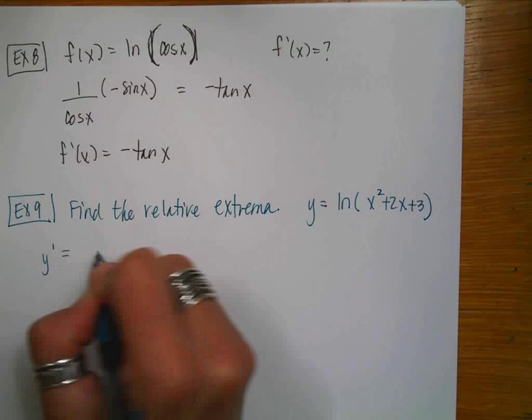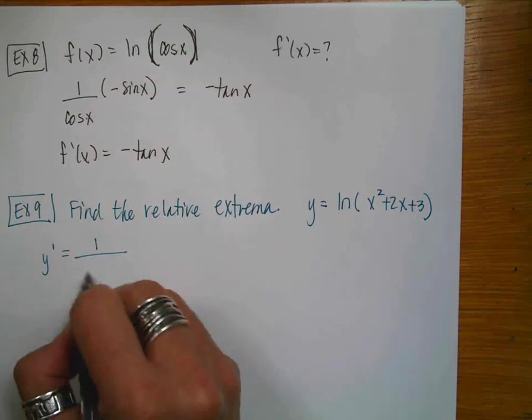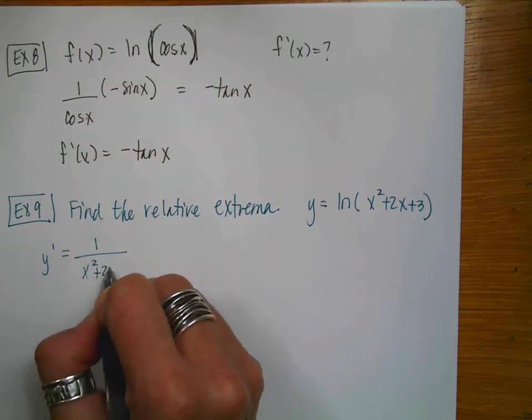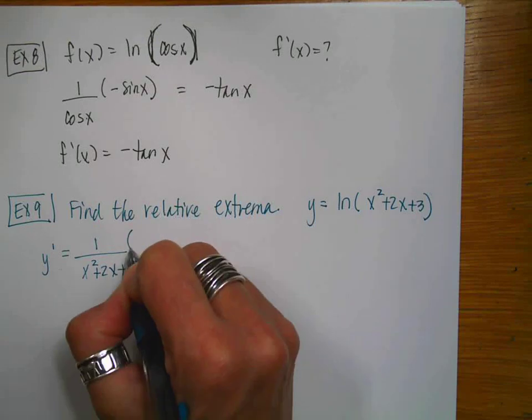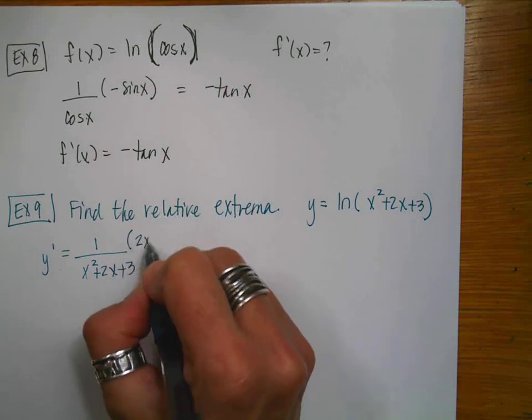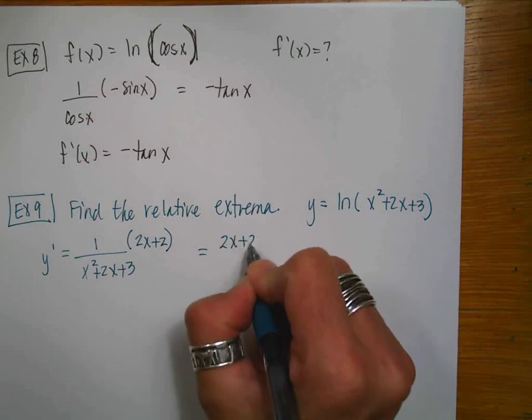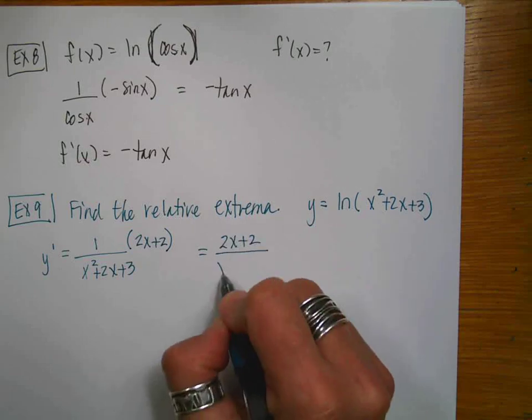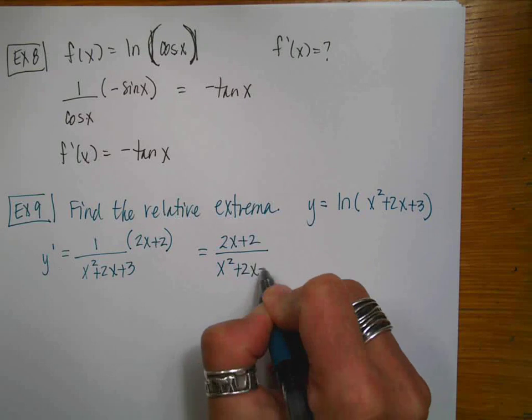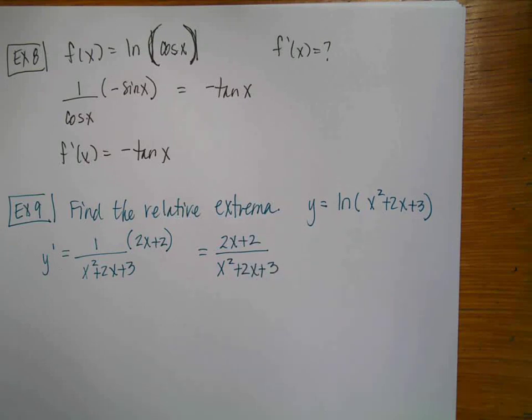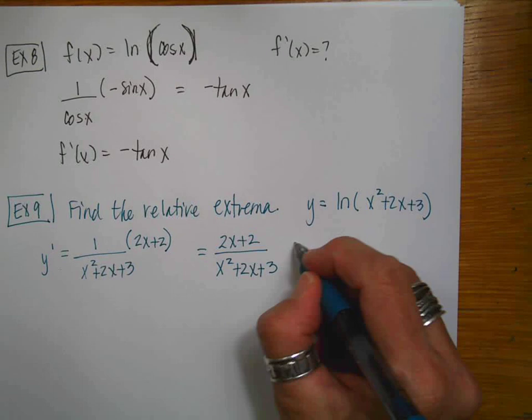So if you'll remember, if I want to find extrema, I have to find the derivative. And so my derivative is going to be 1 over x squared plus 2x plus 3 times the derivative of the inside, 2x plus 2. So I'm going to rewrite this as 2x plus 2 over x squared plus 2x plus 3.